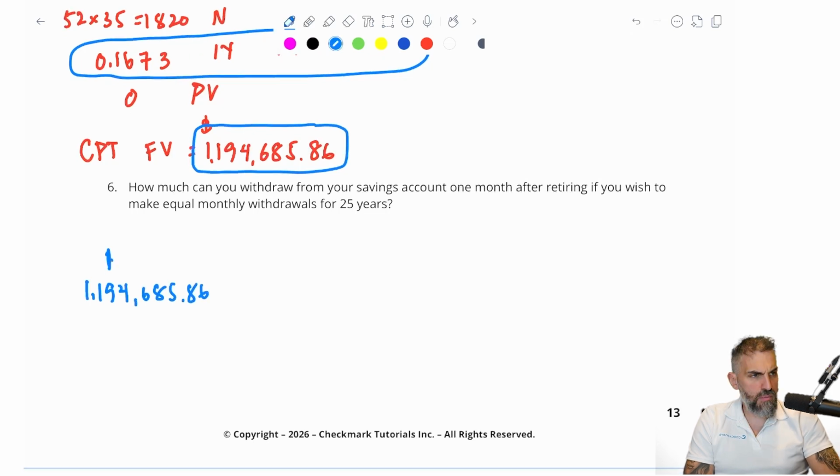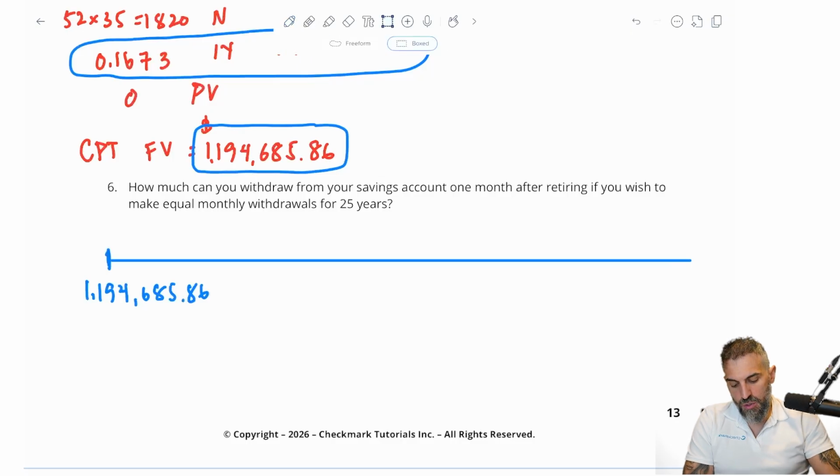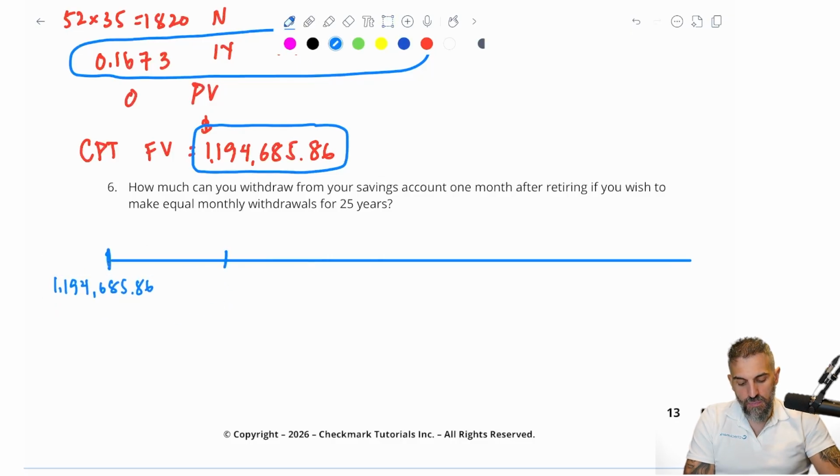And it says that 1 month from now, you want to pull money out. And you want to be able to make those withdrawals every month for 25 years. So 25 times 12 is 300. You want to be able to make 300 withdrawals. How much can you withdraw?